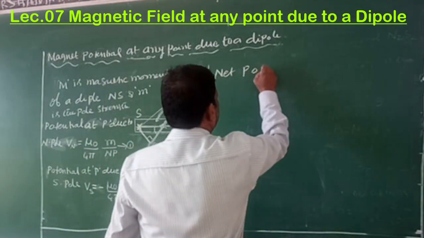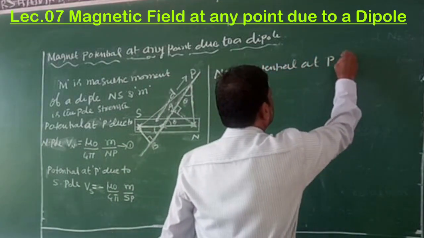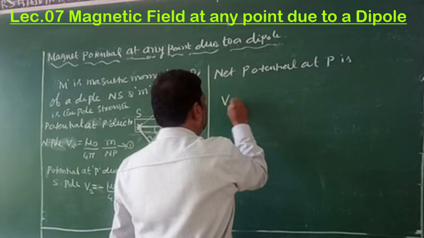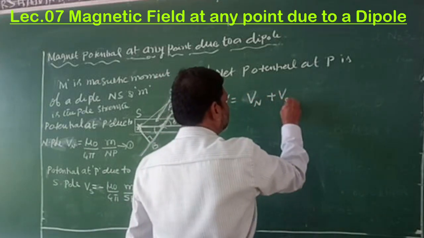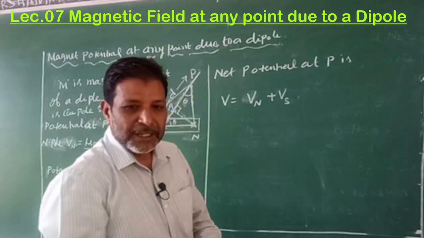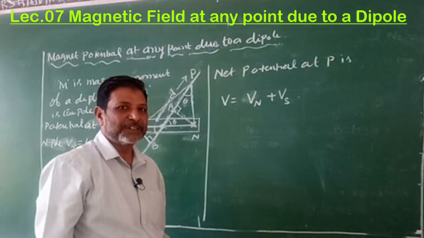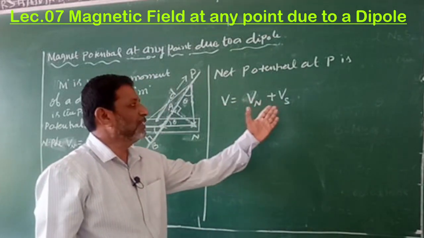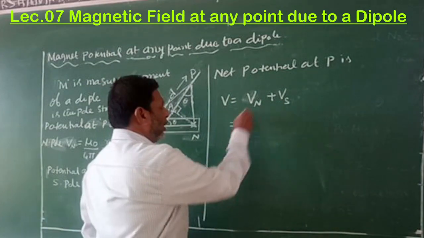the net potential at P, V, is equal to Vn plus Vs, the sum of these two, because potential is a scalar quantity, not a vector. Therefore you have to add. Now write down the values.